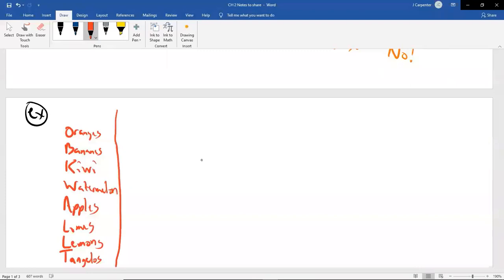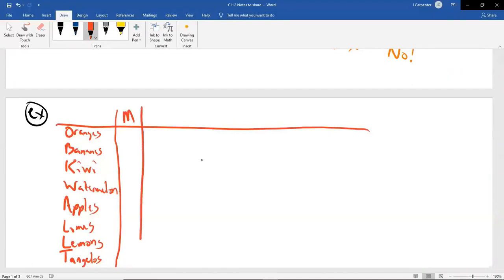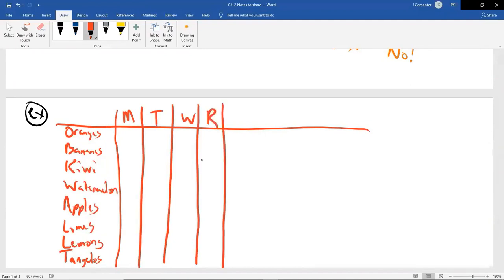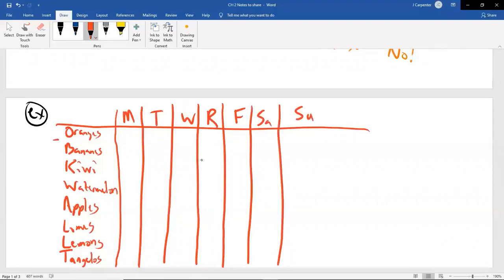We're going to go full week. I'm going to abbreviate the days, though, because this will get ridiculous otherwise. Monday, Tuesday, Wednesday, Thursday, which we're college students, we should know is R, Friday, Saturday we'll do SA, Sunday we'll do SU, and then just finish the horizontal lines.